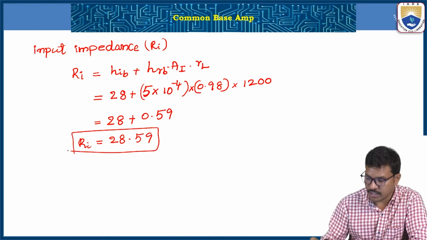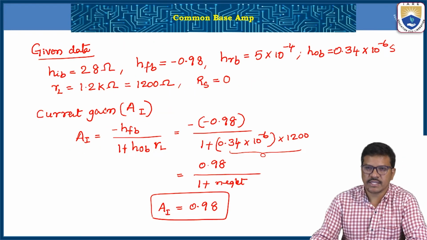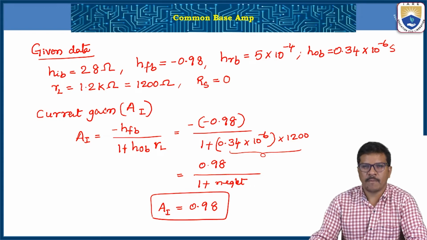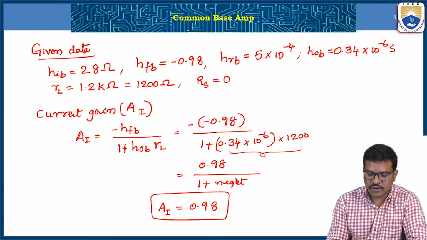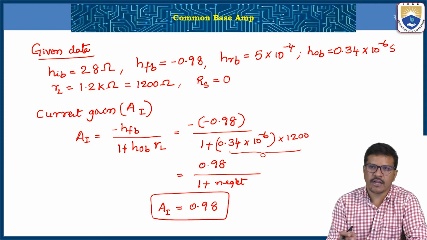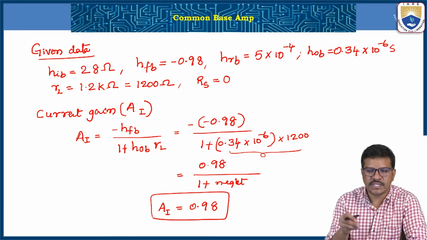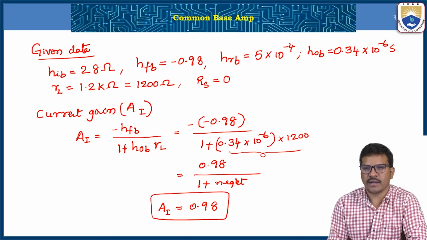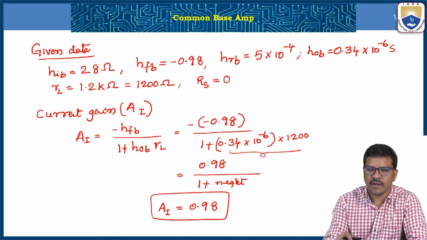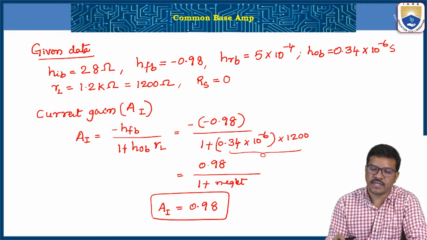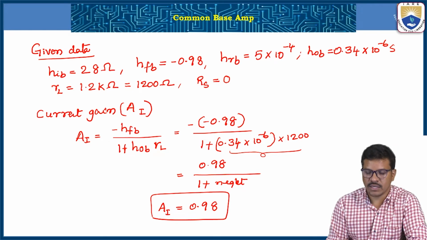The important thing to remember here is that in the H parameter representation, HFB is equal to the current gain in common base configuration. But when we consider the model, AI is equal to minus HFB by 1 plus HOB into RL. When we consider each and every device parameter, approximately we will get 0.98. Actually, the H parameter definition HFB is equal to minus 0.98, and now the current gain is equal to 0.98.